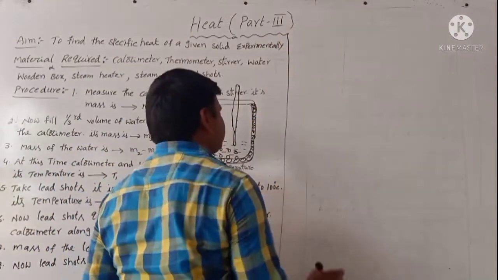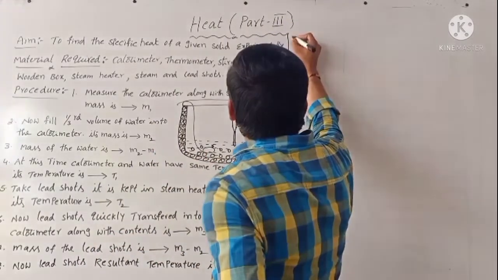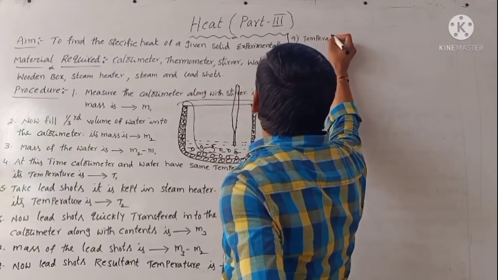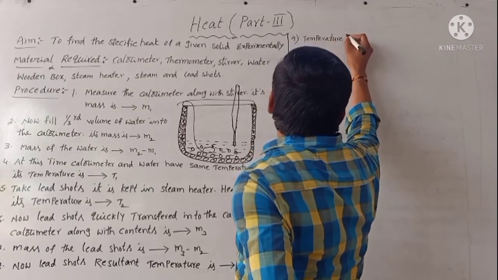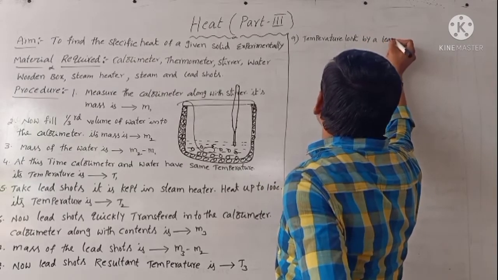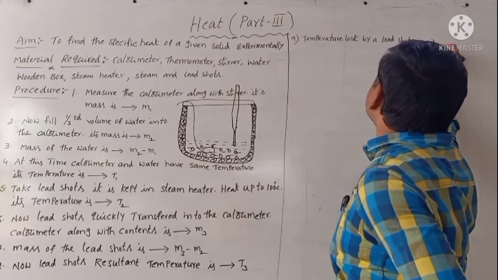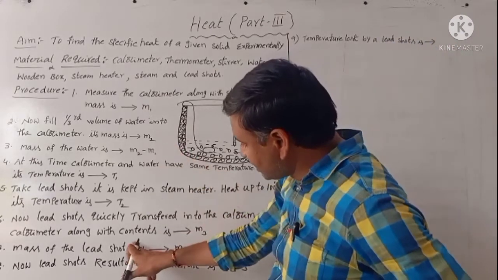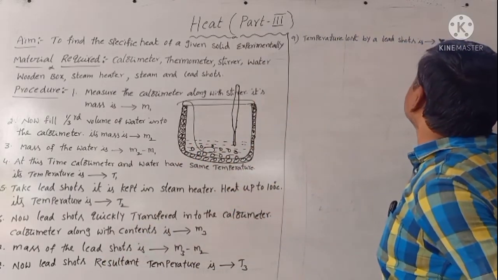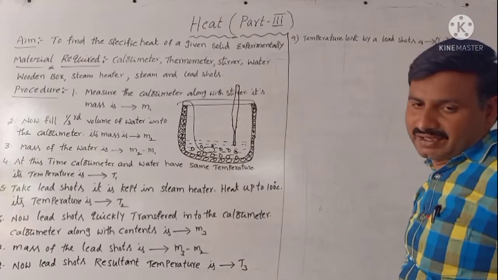Now, the temperature lost by the lead shots. The lead shots were at T2 in the steam, and when kept in water they are at T3. So the temperature lost is T2 minus T3.